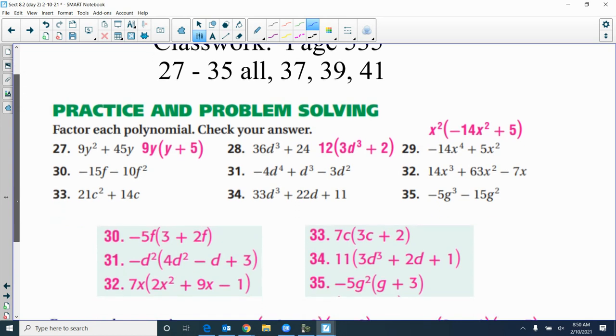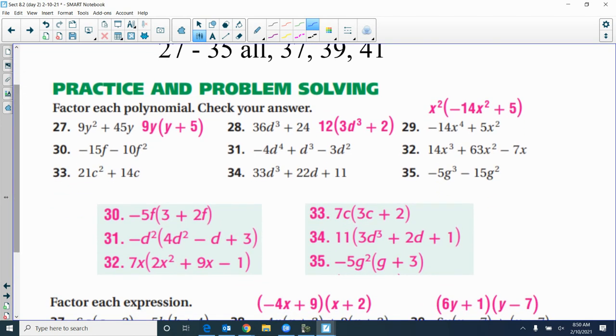27. Josh, do you have your move? 9y times y plus 5 should be your answer. 9y times y plus 5. Oh, I graded his test. 28 should be 12, parentheses 3d cubed plus 2. 29 should be, now for this one, did anybody have a negative x squared out there?